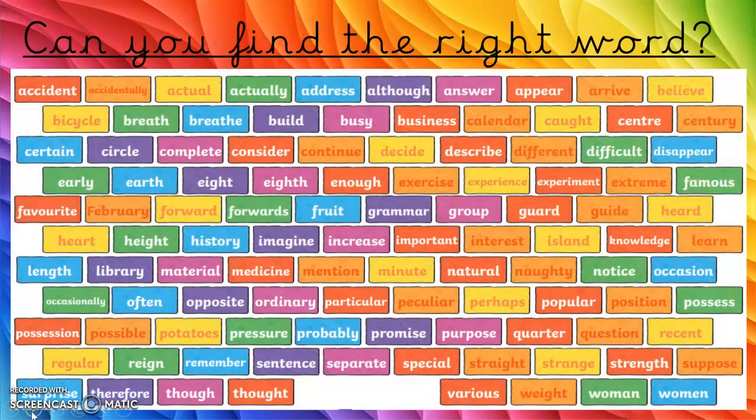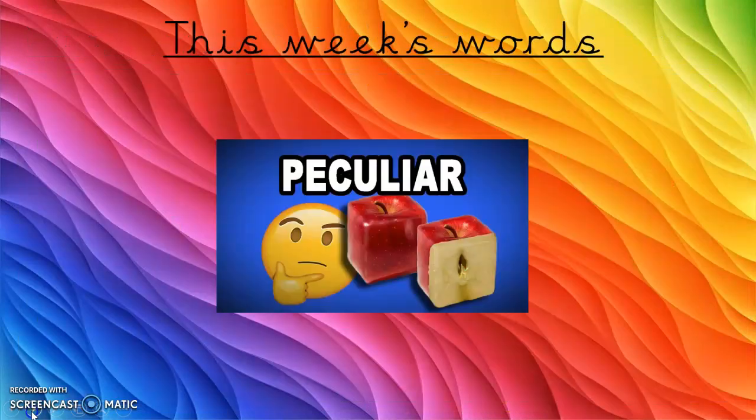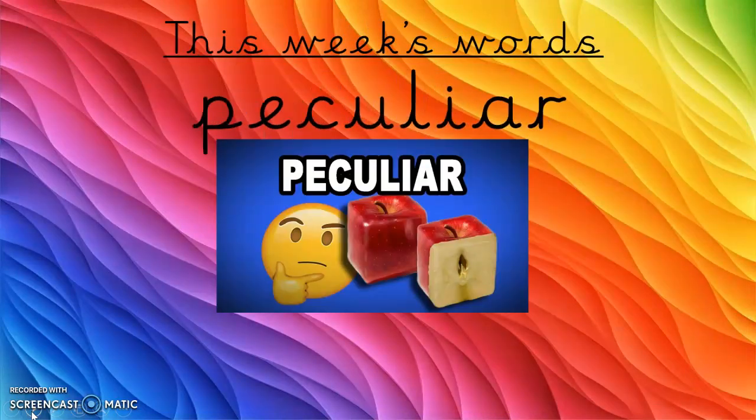And our fourth word is a tricky one. Peculiar. There it is. Looks like peculiar, doesn't it? We don't say peculiar, we say peculiar. So it's that E that we might forget. P-E-C-U. And then we've got the word liar on the end.